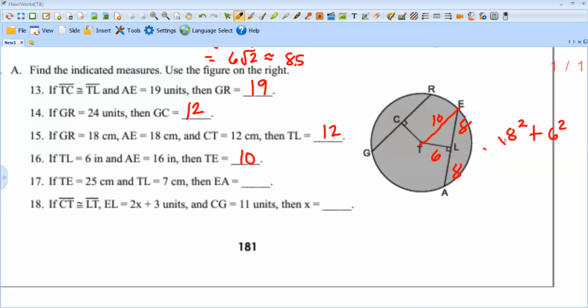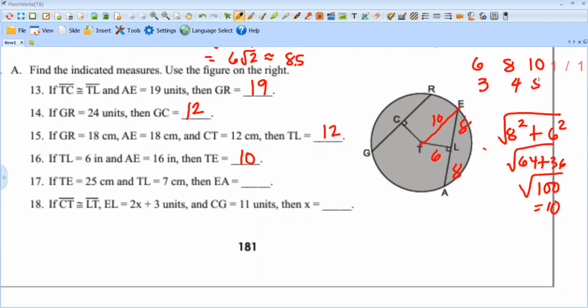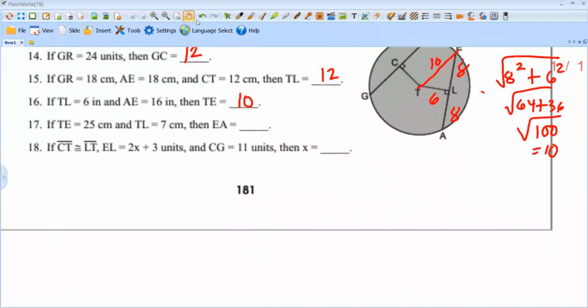So squared, squared. So that would be 64 plus 36. Square root of 100 is 10. So 6, 8, 10 is a right triangle. 3, 4, 5 is also a right triangle. So you can also search the other sides of the right triangle.